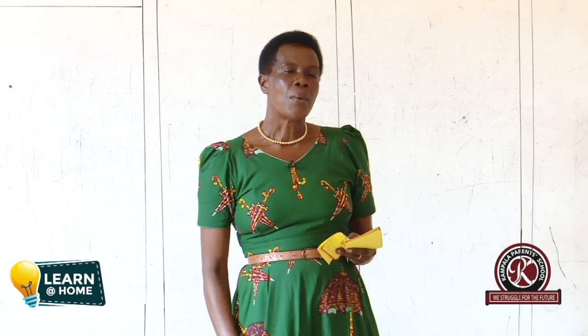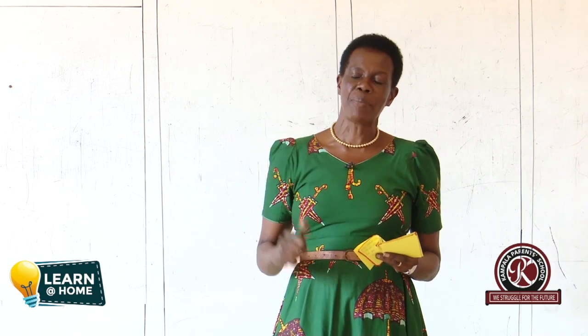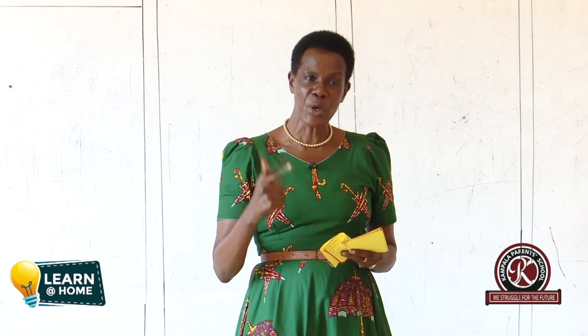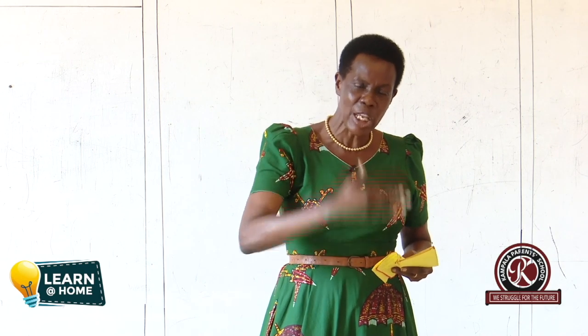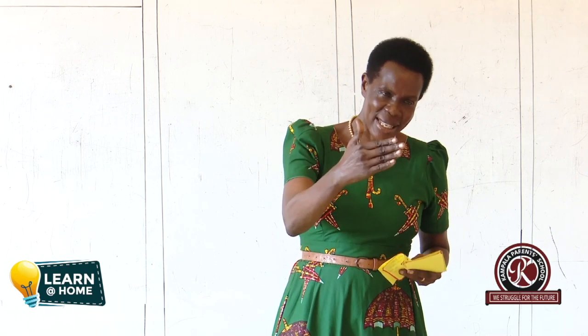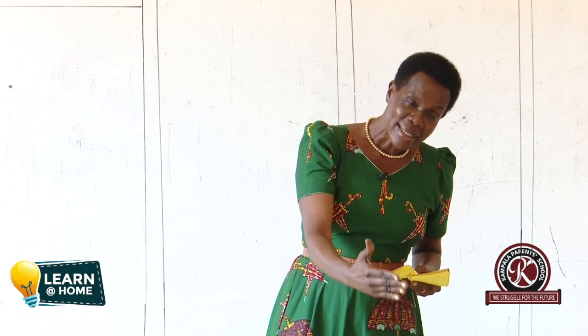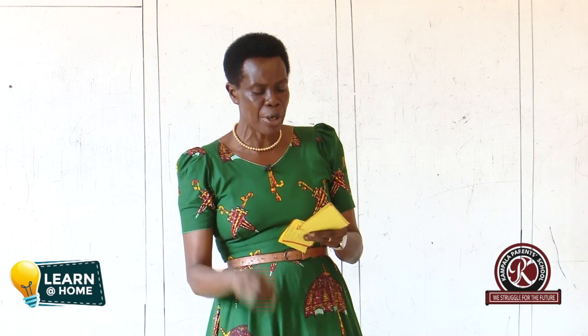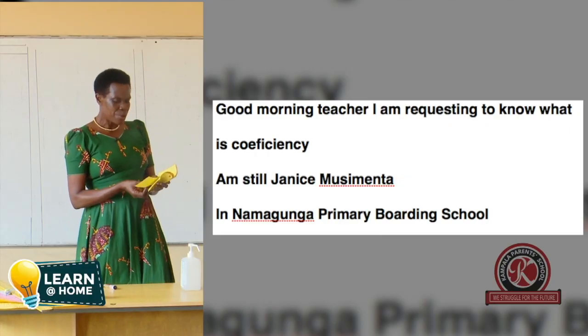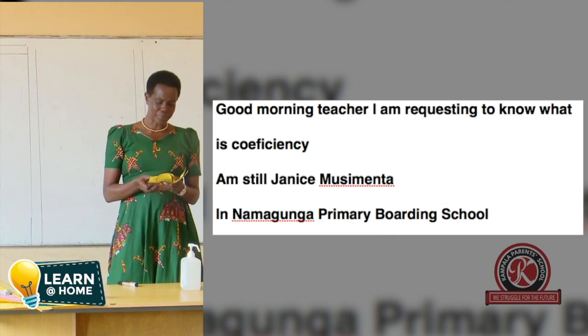But when do they provide? I've already talked about it. They give you 22 out of 7, and at times they don't provide. But if they provide, well and good. If they don't provide, look for the diameter or the radius. If it is a multiple of 7, then use 22 out of 7. If not, use 3.14.